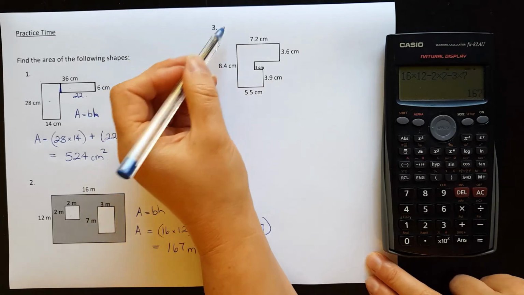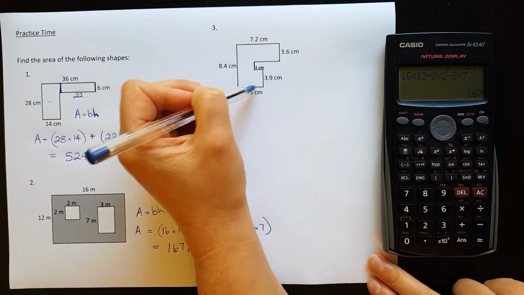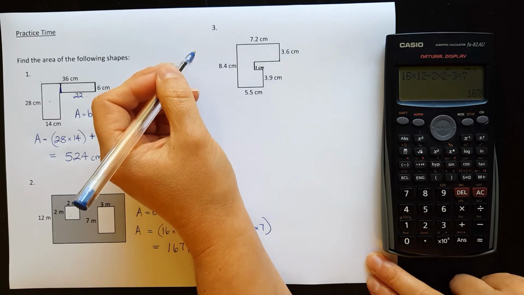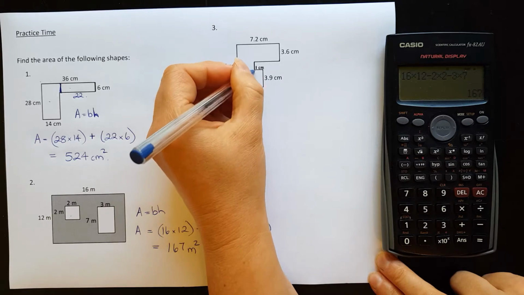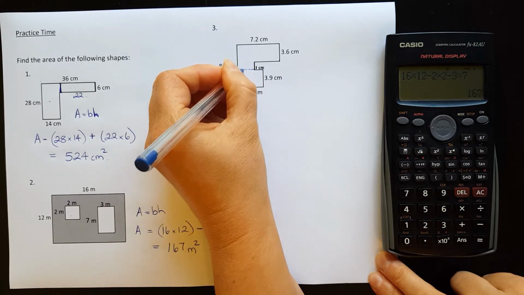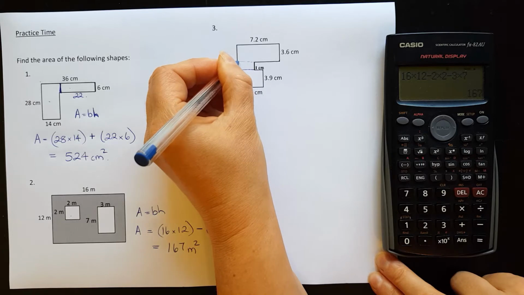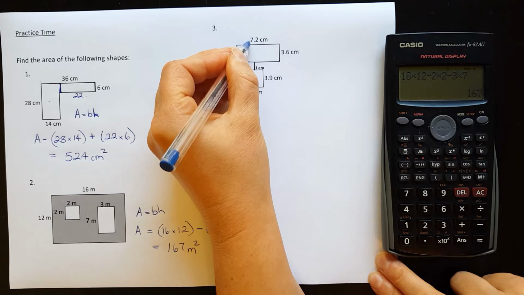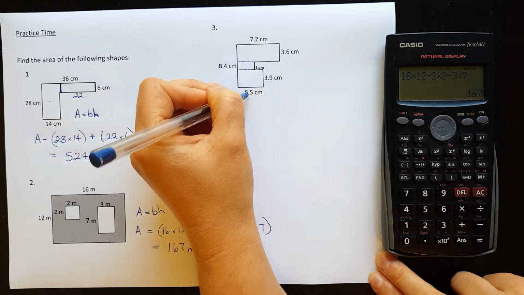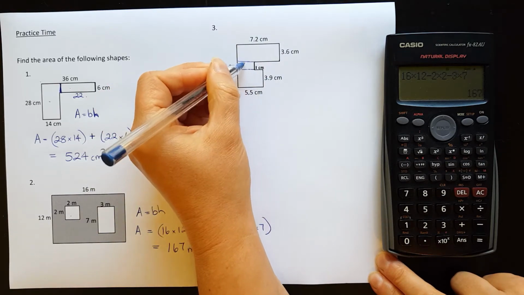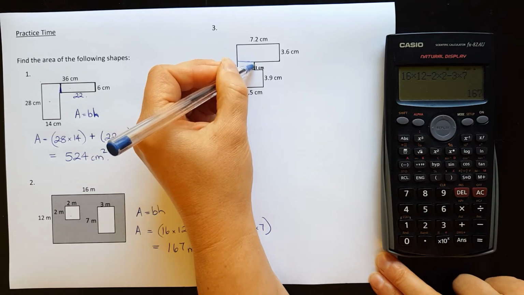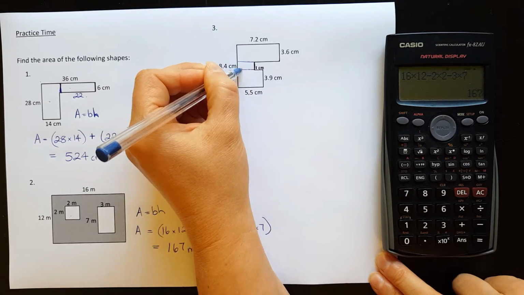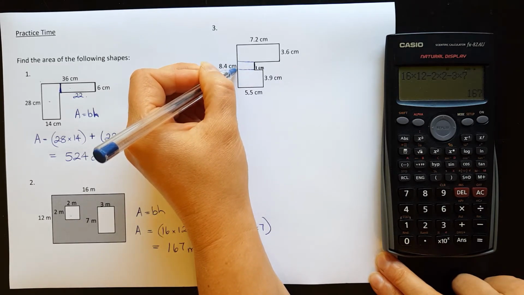Question 3. I can't really make this into a nice shape by boxing it in this way, so I'm going to have to divide this into 3 rectangles. I could cut this one across here and cut this one across here. So this rectangle, I have the 2 sides, 3.6 and 7.2. This one, I have 3.9 and 5.5. This little one though, I only know that the height is 1 centimeter.